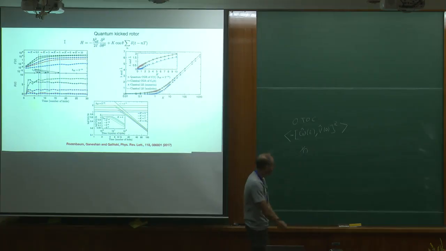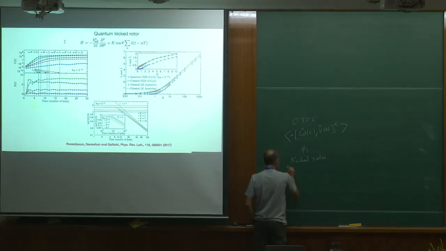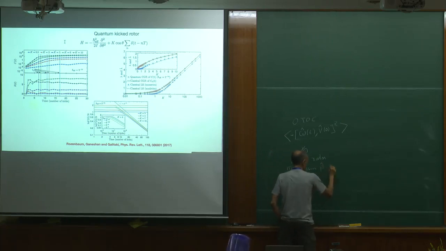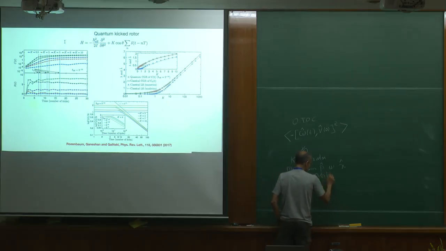a Planck's constant, and what it does operationally is that, again, we're talking in the context of the kicked rotor, whose canonically conjugate variables are the momentum p hat and the angular position x hat. So what we know is that p hat as an operator has eigenvalues which are of the form an integer times h bar.